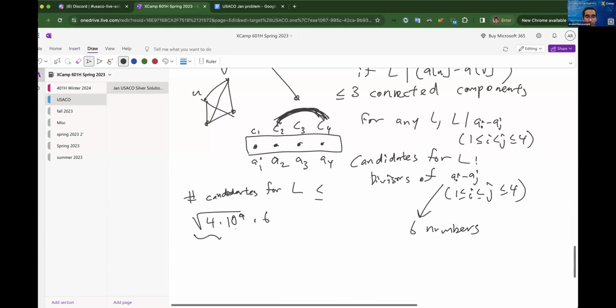I think you can show something stronger, but the idea is that there's not that many candidates for L, so then you can just brute force to check if L is valid.